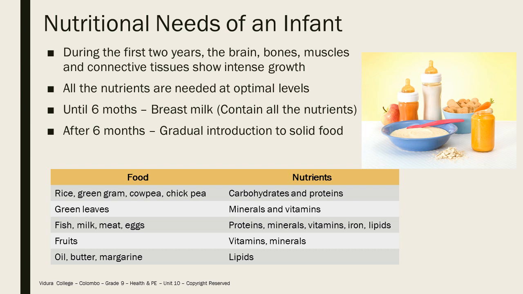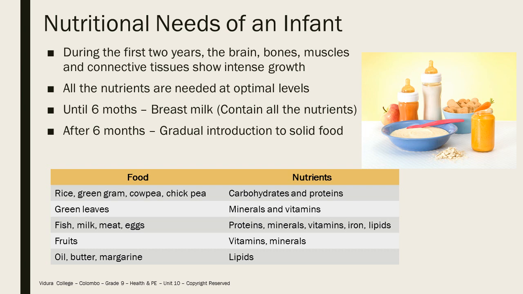Up until about 6 months, infants are breastfed. Breast milk contains all the required nutrients. After 6 months, infants could be introduced to food gradually. You can start off with semi-solid food and then move on to giving them solid food.